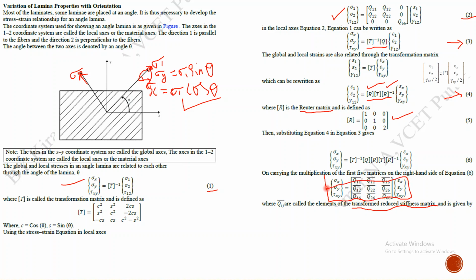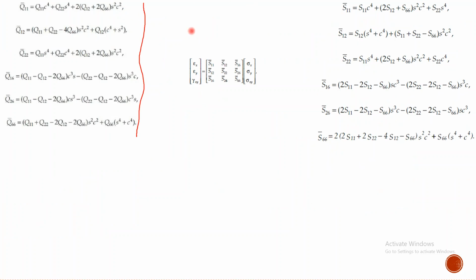In addition to that, I can calculate the strains in terms of stresses. If you do that, then it becomes the inverse. The inverse of the Q matrix is nothing but the reduced compliance matrix, that is S. So this matrix, S bar, is the reduced compliance matrix.